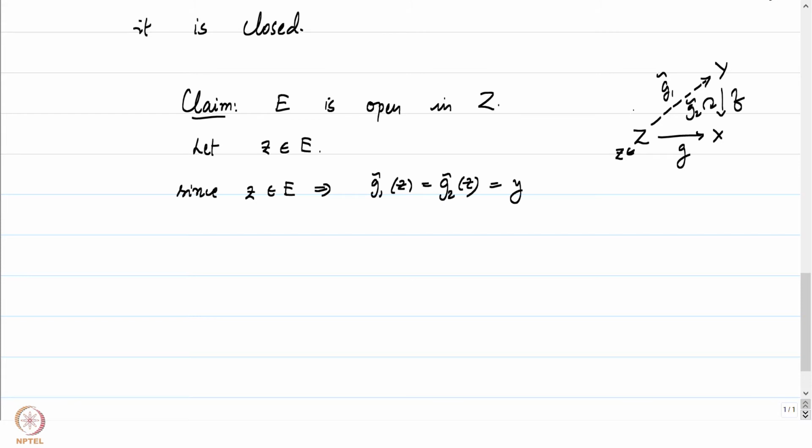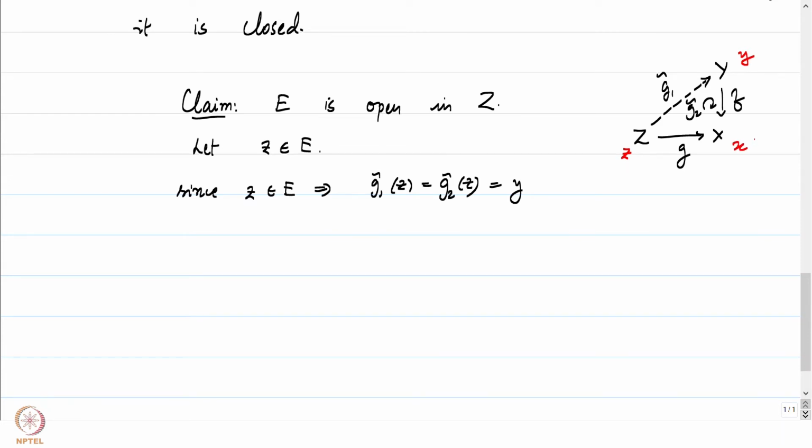Let me use red to take a point Z here. That's getting mapped to the point Y here, and under F, let it get mapped to the point X here.